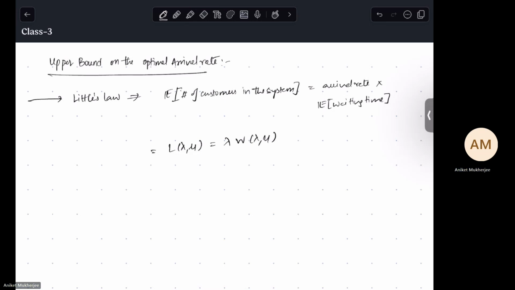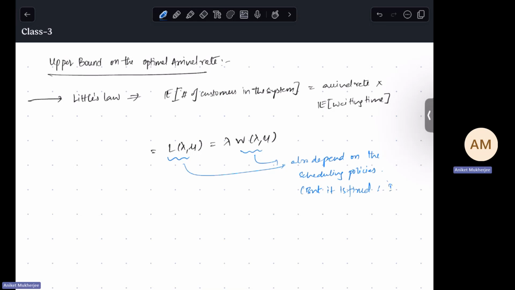What I mean is these two parameters also depend on the scheduling policies that we choose. But since it is fixed now, I'm not parameterizing it here.